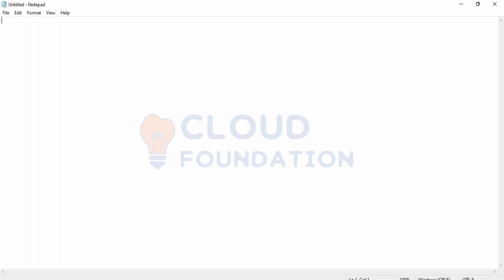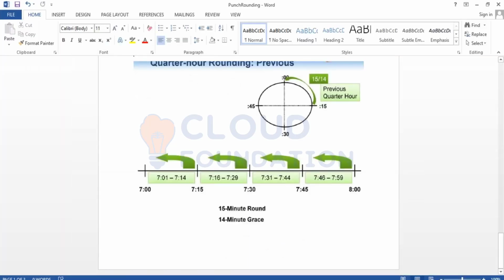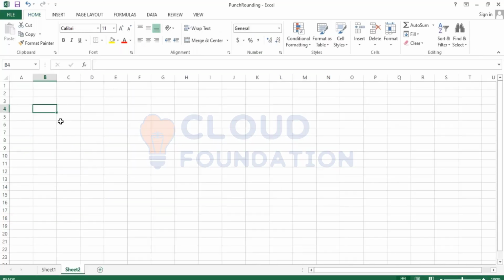Consider this. Say that your scheduled shift is from 8 a.m. to 4 p.m. If you punch anywhere after 8, say after 8:30 or anything, then that is late.